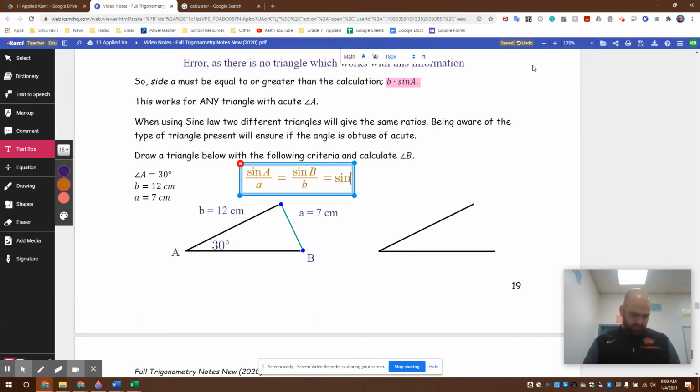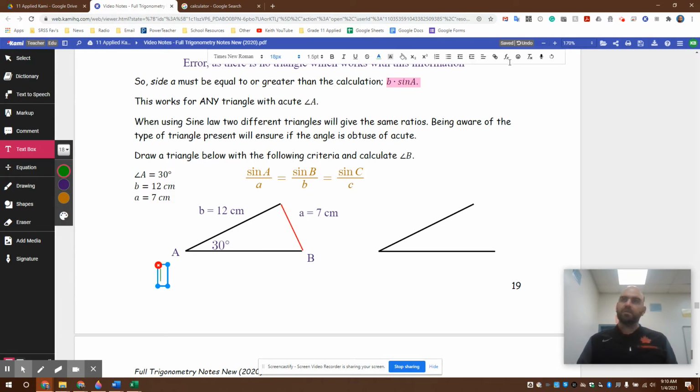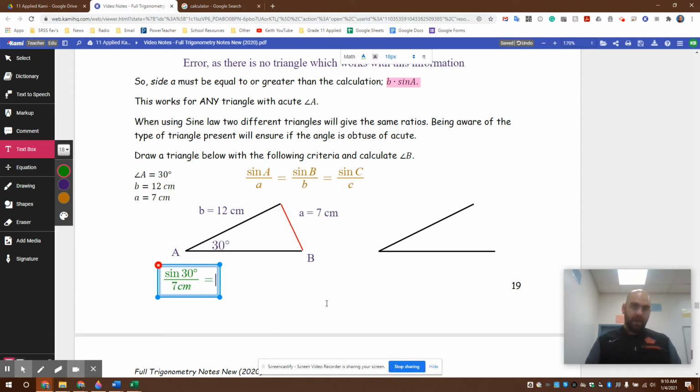We're not going to use C at all, we're just going to use A and B. So to find angle B, we're going to plug in the information that we know. We know angle A, we know side A, and we know side B. So we're going to have sine of 30 degrees over 7 centimeters, and we have sine of big B over 12 centimeters.